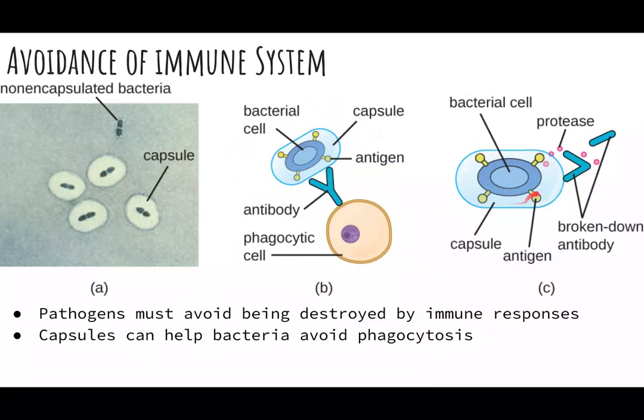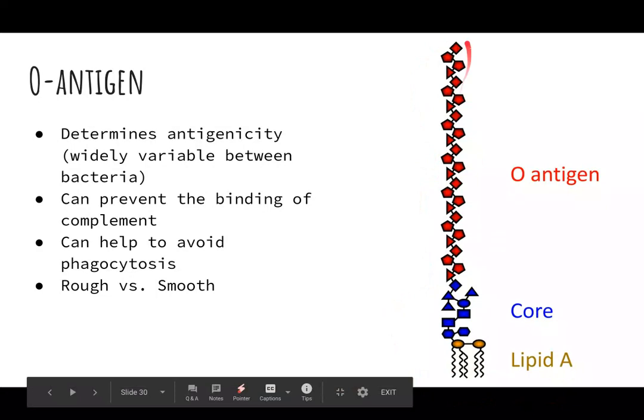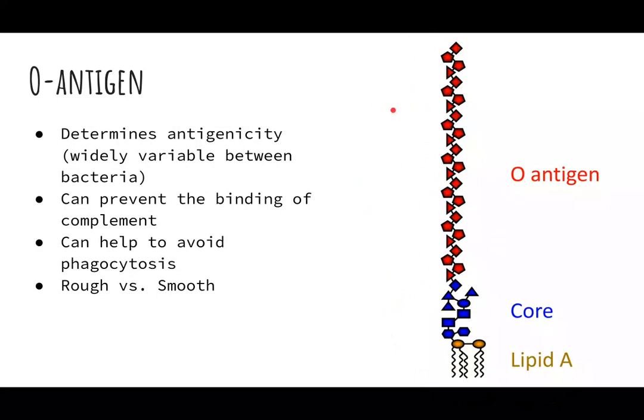They can also be used to accumulate proteases that can break down antibodies. Another way that bacteria, gram-negative bacteria particularly, can avoid the host immune system is with the O antigen. So remember, LPS is made up of the lipid A and the O antigen. So the O antigen is what's called the antigenic portion.